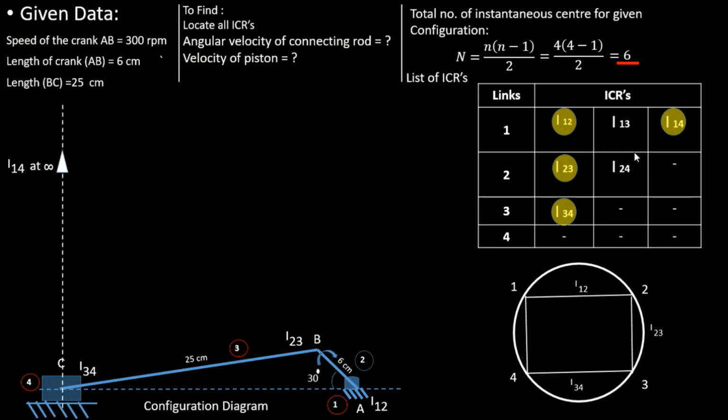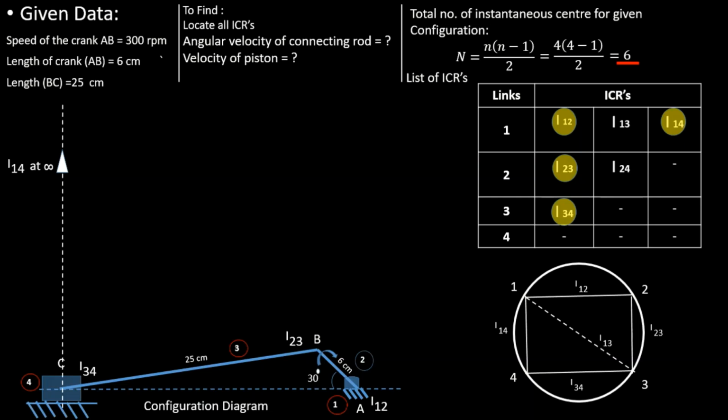Now we have to locate I13. So search for point 1 and point 3 here. Here we have point 1 and here we have point 3. Connect these 2 points by a dotted line. This dotted line represents the instantaneous center I13.